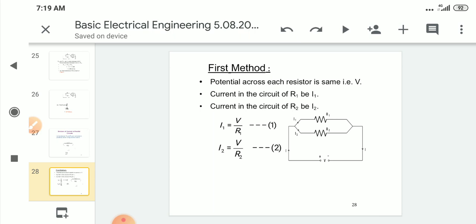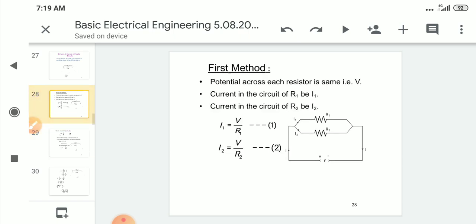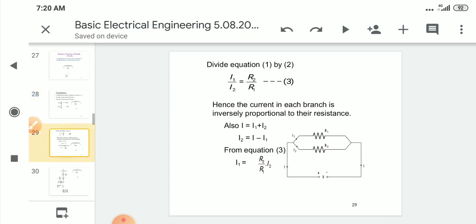I2 is equal to V by R2. Divide equation 1 with equation 2. Then I1 by I2 is equal to R2 by R1.